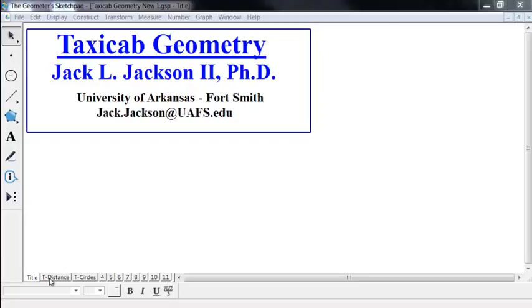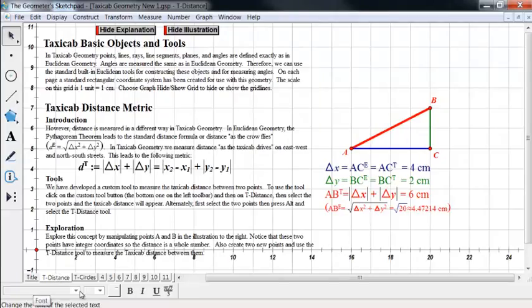So taxicab geometry is a geometry very much like Euclidean geometry in many ways. The points, lines, planes, line segments, and even angles are defined exactly as they are in Euclidean geometry, and angles are measured in the same way.